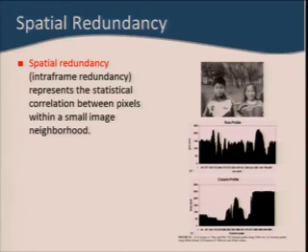Because of that, this kind of redundancy is known as spatial redundancy. Spatial redundancy is sometimes also known as intra-frame redundancy, because it's just within one image. It also represents the statistical correlation between pixels within a small image neighborhood.